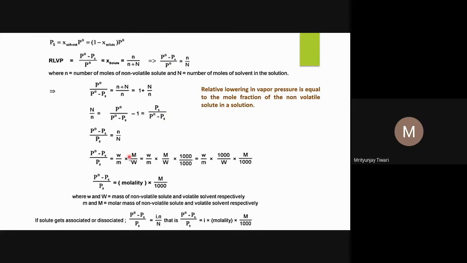Then if you simplify, it will become capital M, the molar mass of the solvent, going into the numerator, and the W in the denominator. Capital W here is the mass of the solvent present in the solution, and capital M is the molar mass of the solvent.